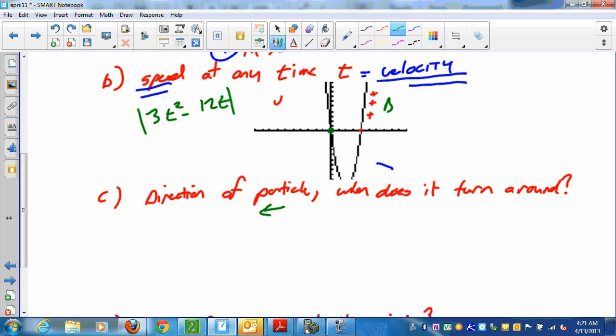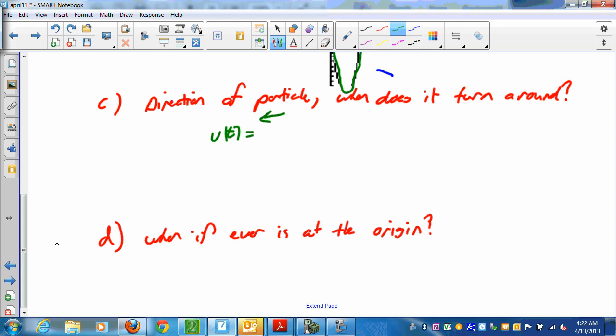If the velocity is negative along this portion of the curve, still moving towards the left, then when the velocity reaches 0, it changes directions. So you just need to factor this velocity, set it equal to 0, and you could make some statement about the velocity changing from negative to positive to justify your answer, but that's a pretty easy one.